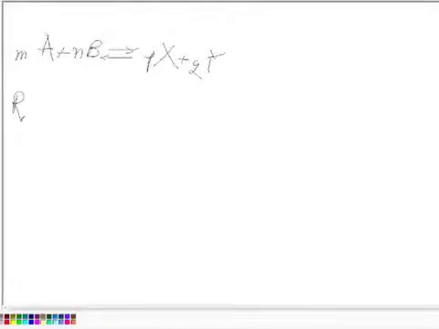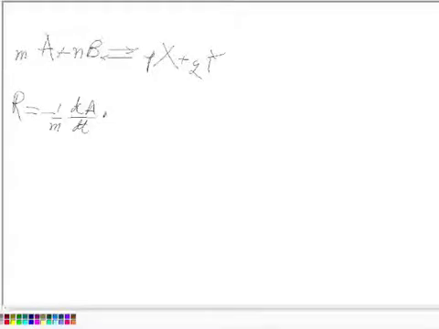Here the rate of the reaction is given by the following, because the reaction itself is decreasing the concentration of reactants and increasing the concentration of products. So here the rate is represented by minus, meaning that this decreases the concentration of A per unit of time dt, and this must be divided by m.